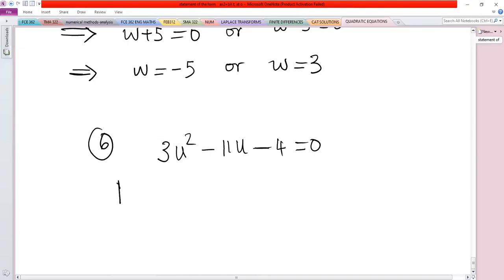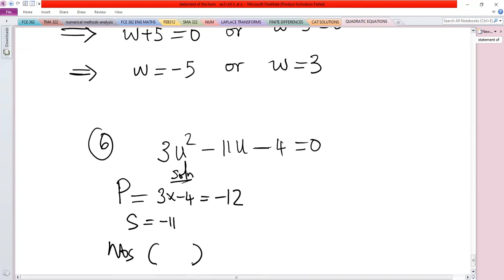So the first thing, define the product, which will be 3 times minus 4, which is minus 12. The sum will be minus 11. And then we need to get the two numbers that will give us this sum and product.